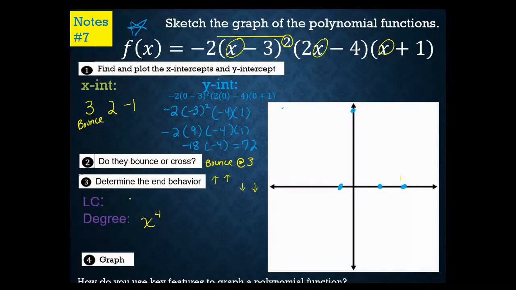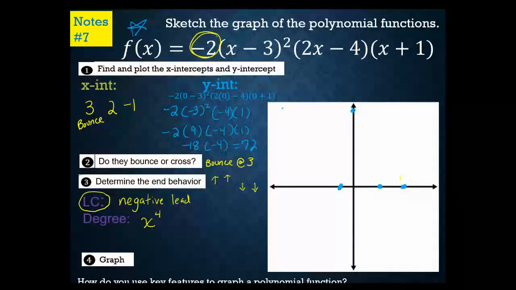Which set is it? Depends on your leading coefficient, and that's a negative lead coefficient. Because, let me erase these, it has a lead of -2. So not both arrows up, but both arrows down. Both arrows are down. Okay?